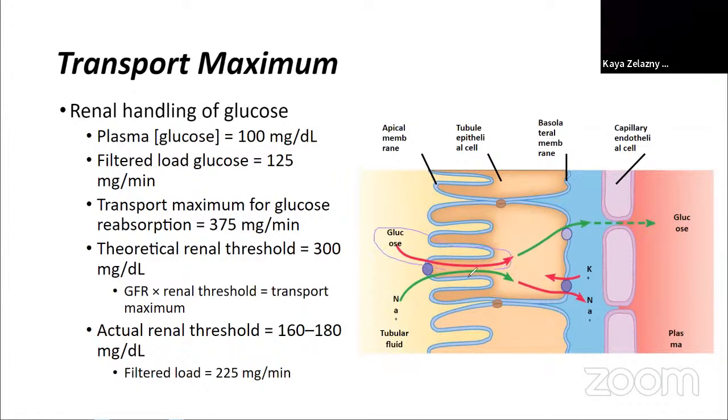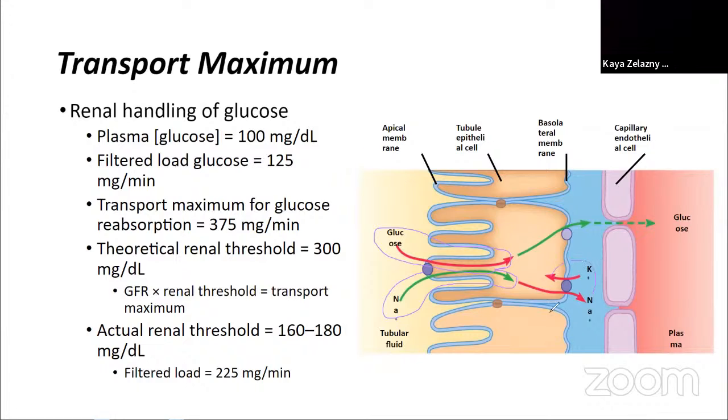The way we're actively transporting that glucose is by using the gradient of a second molecule, in this case, sodium. Sodium does a lot of jobs in our body. It's regularly used for secondary active transport. So we see glucose is using that sodium gradient to get into the epithelial cell.